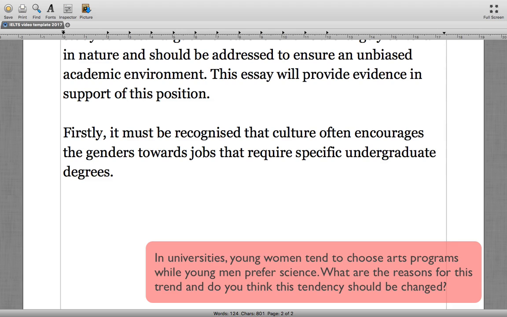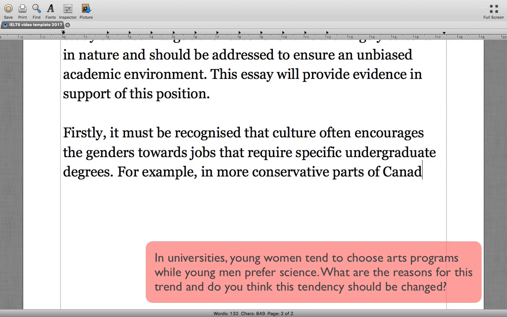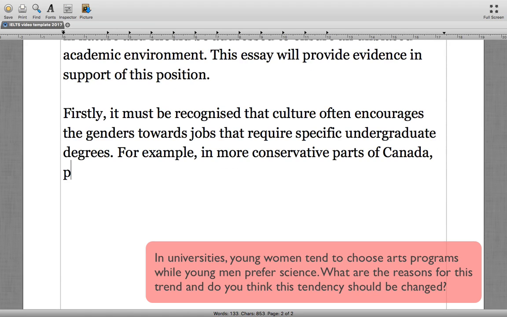Okay, so let's say, for example, in more conservative parts of Canada, programs that act as the precursor to jobs.